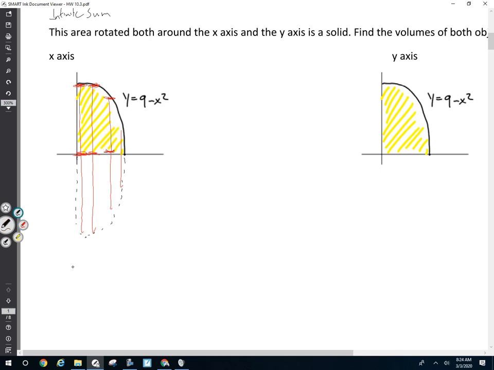Now, we'll take an infinite sum of pi r squared h. Here, the height of my skinny cylinders is going to be a small change in x.